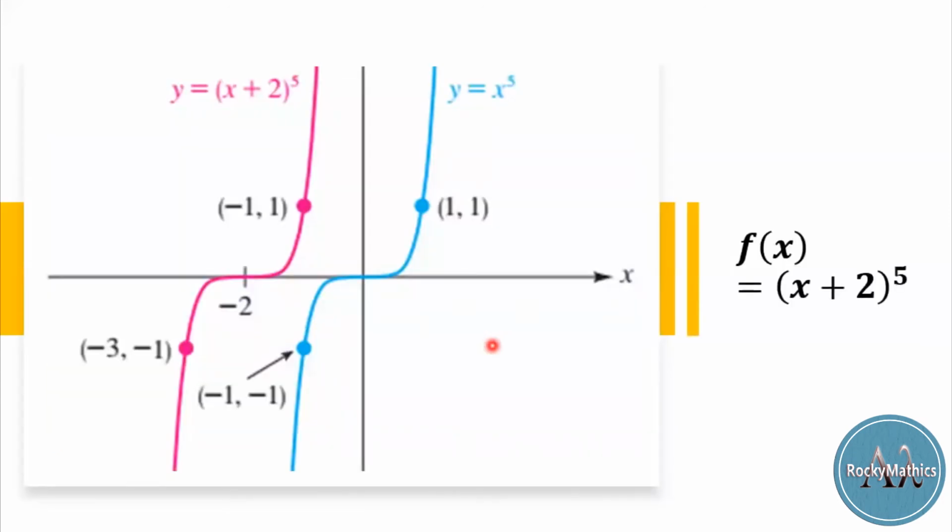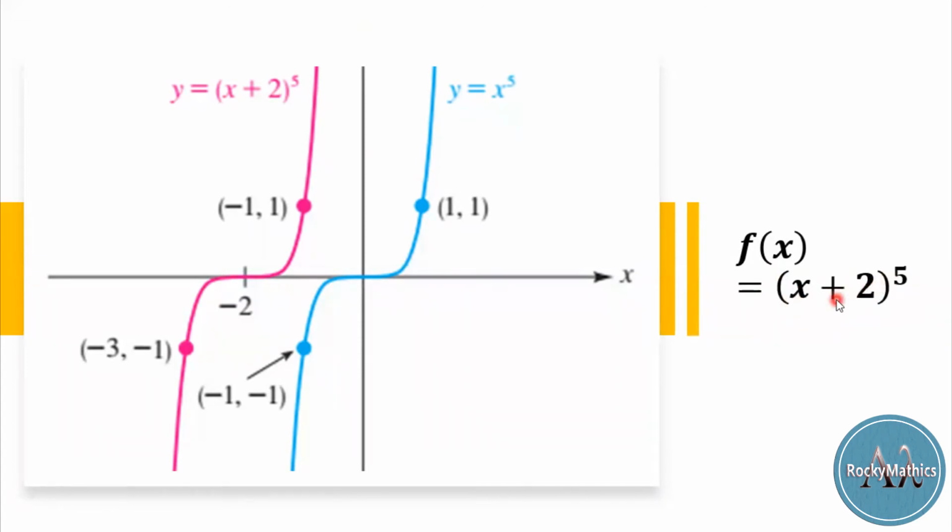Okay, so we have here examples. For example, we want to sketch the graph of f of x is equal to the quantity x plus 2 raised to 5.